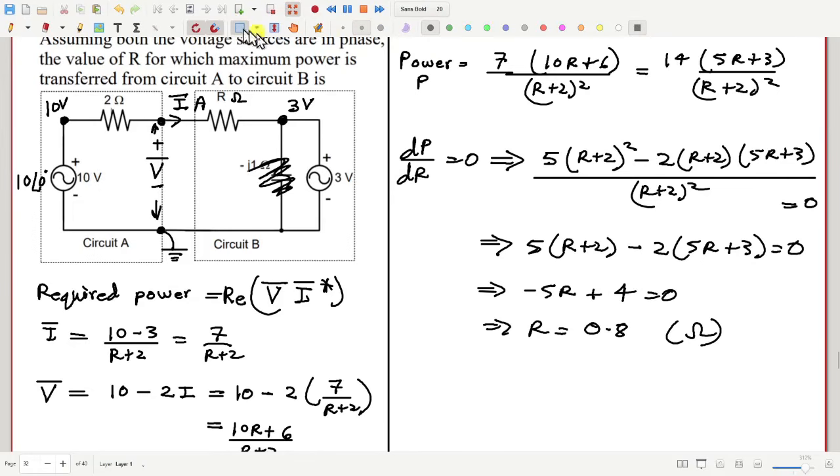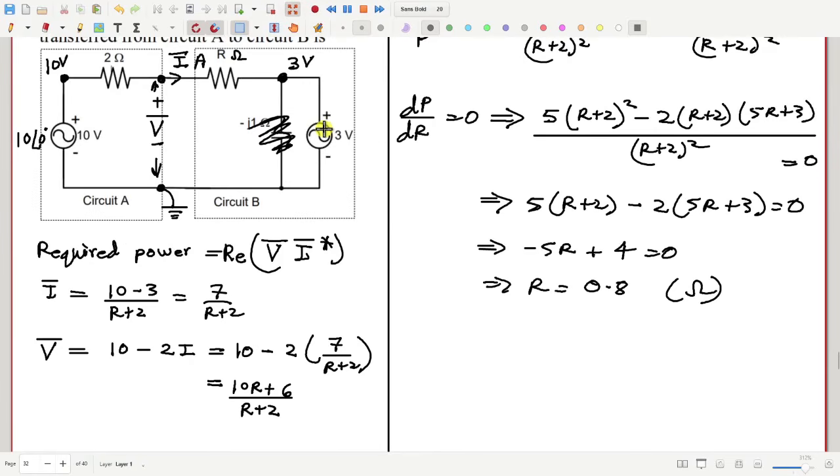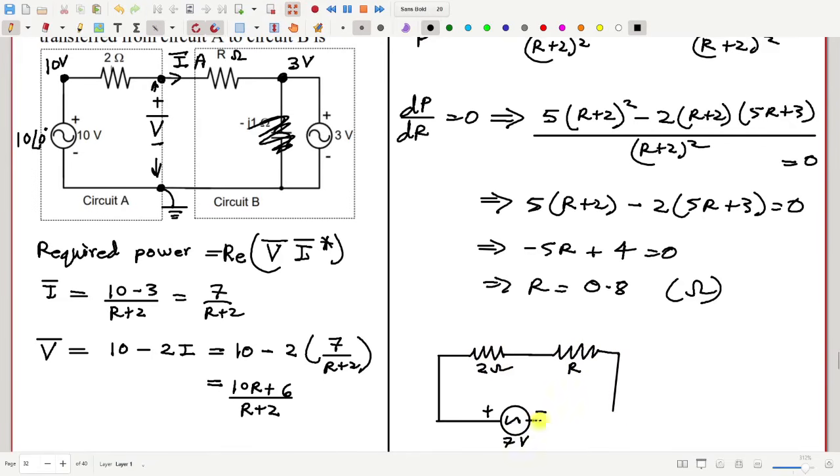So you are saying that this circuit is equivalent to a plus minus 7 volt AC source, 2 ohm and R. We should not actually even come to this step, because if we come to this step, then we are merging circuit A and circuit B together.